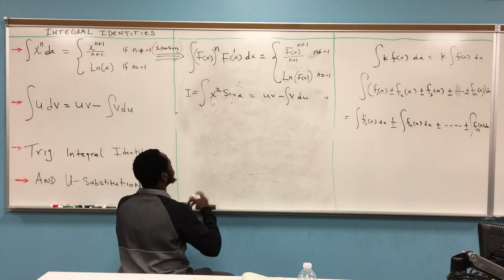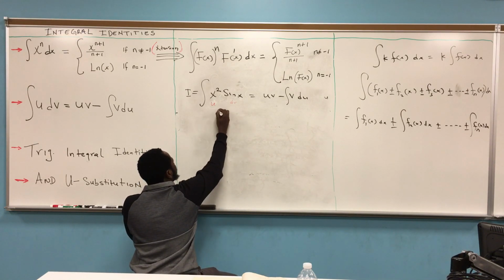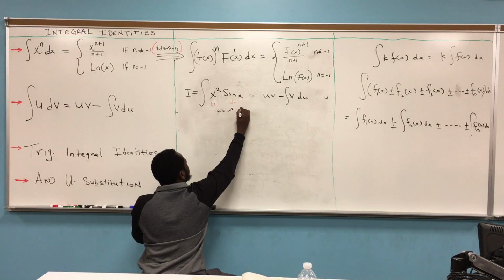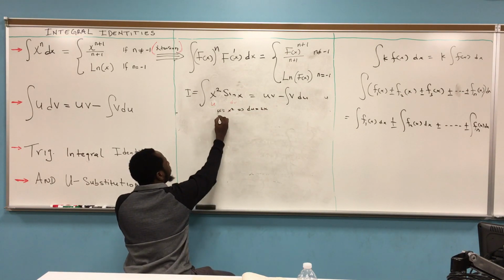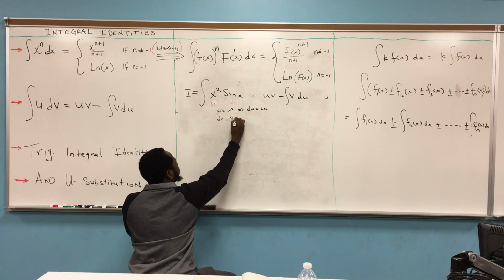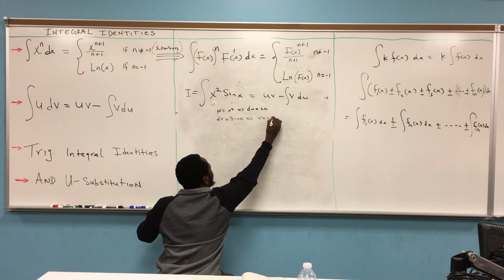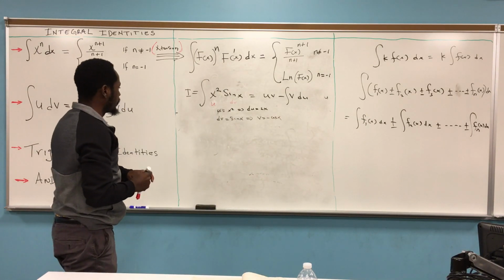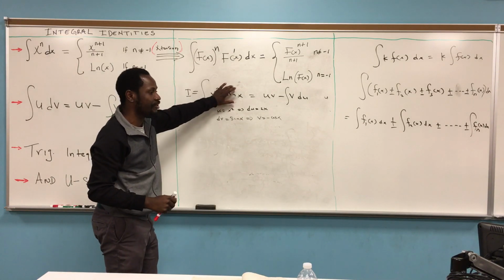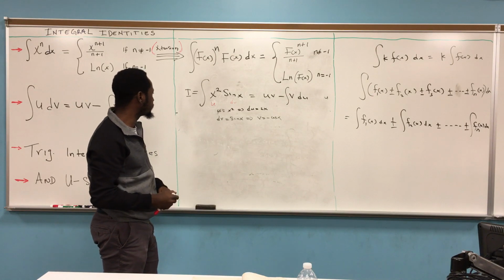So we're going to use that to find du, sorry, let me write it. u is x squared, implies that du is 2x, right? And dv is sine x, implies that v is minus cosine x, right? Now, I called it I because I don't want to keep writing it.